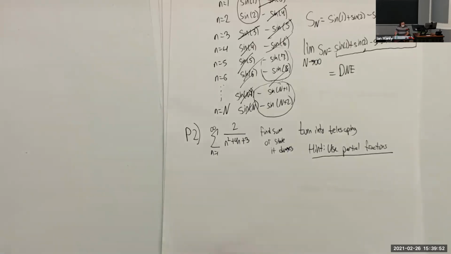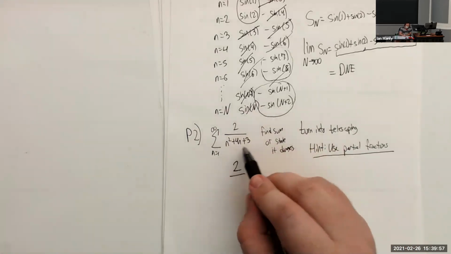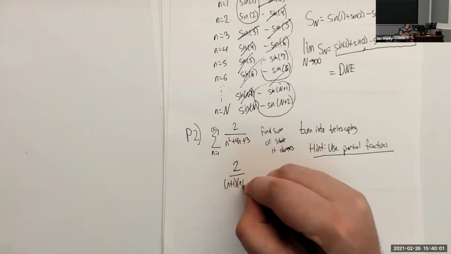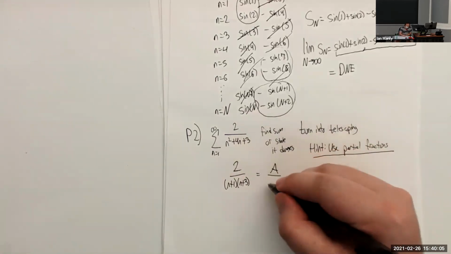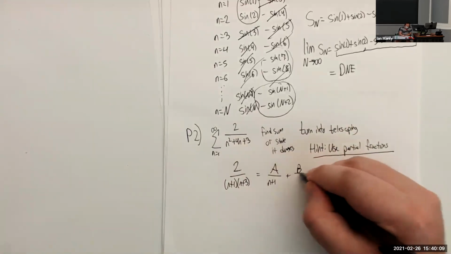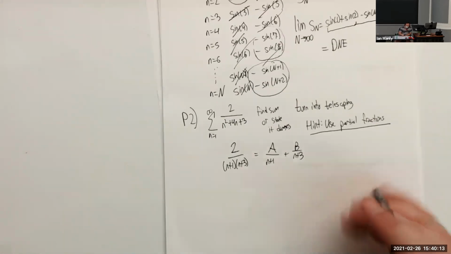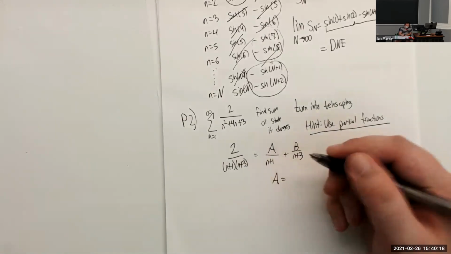My hint is use partial fractions, so let's go ahead and use partial fractions on this. I'm going to factor the bottom into n plus 1 times n plus 3. So I should be able to write this as A over n plus 1 plus B over n plus 3. Let's use cover up to get what these are, since it's just linear terms.